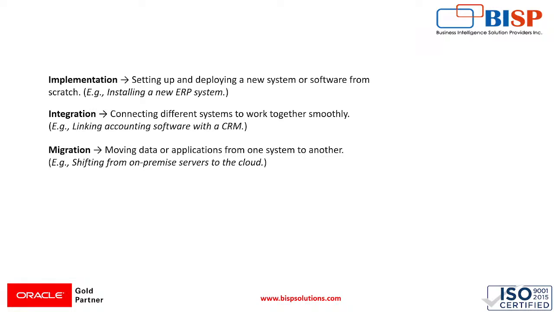We are transferring all the information and upgrading technologies without any data loss, for example from on-premise servers to the cloud. So what is the key difference between these three? Implementation is about starting something new, integration is about connecting different systems, and migration is about moving from one system to another system.